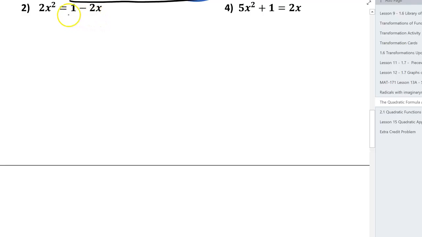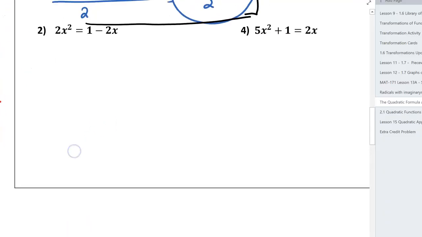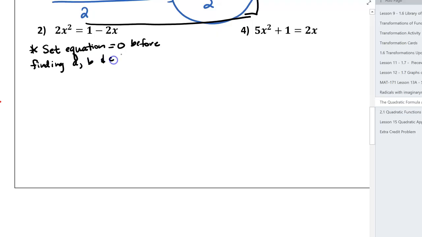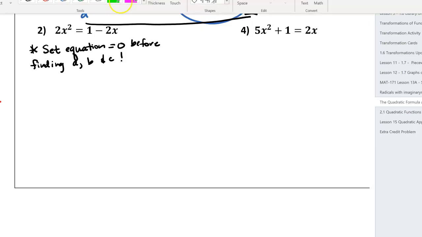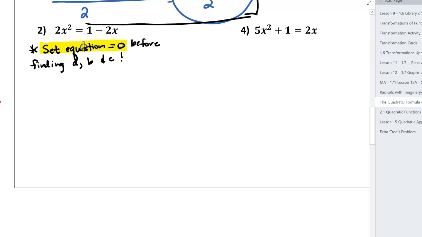Now, one thing I may not have mentioned in class is you need to set the equation equal to 0 before finding A, B, and C. Because the quadratic formula only works for quadratic equations that are set equal to 0.